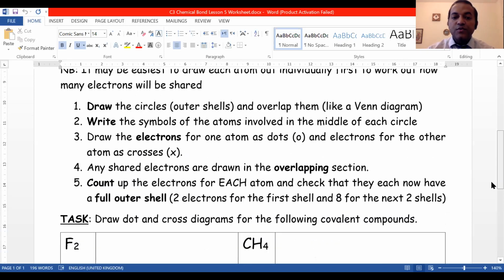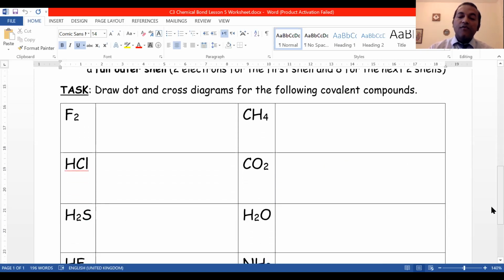Okay, so I want to show you one example. For an example over here, I want to show you a carbon atom. So guys, if you look at the periodic table, carbon has 4 valence electrons. So I'm going to draw this carbon here. I'm going to label this C. Then I'm going to draw a dot, then dot, and then dot.